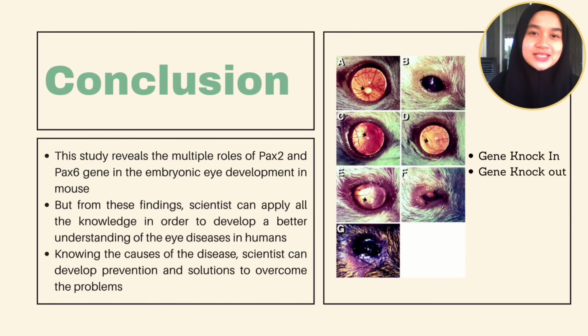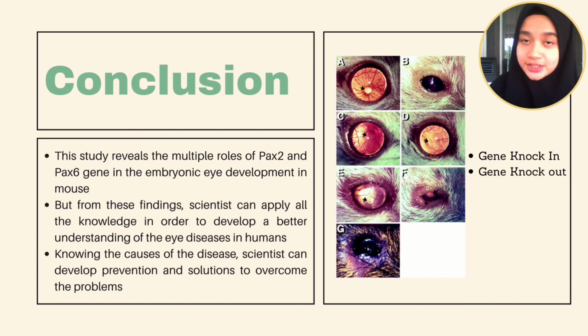So in conclusion, this study reveals the multiple roles of PAX2 and PAX6 in embryonic eye development in mouse, and these findings can help scientists develop a better understanding of eye diseases in humans. Knowing the causes of the disease, scientists can develop prevention and solutions to overcome the problems.